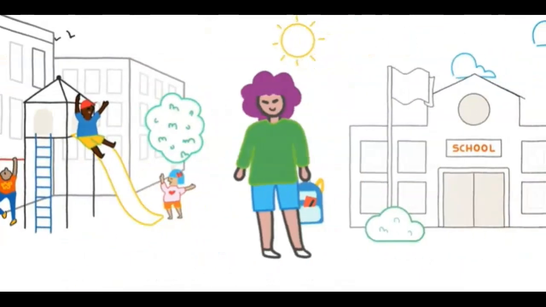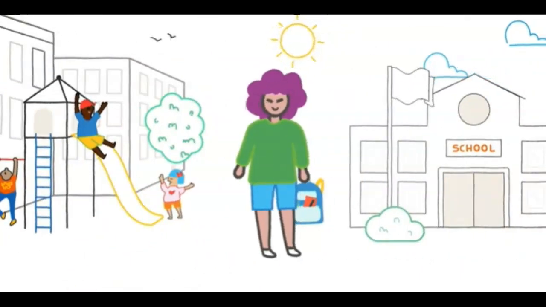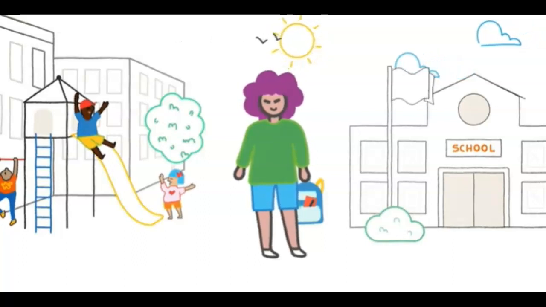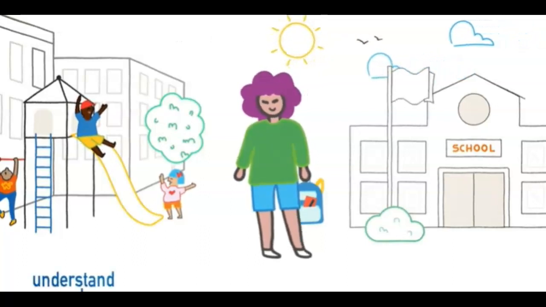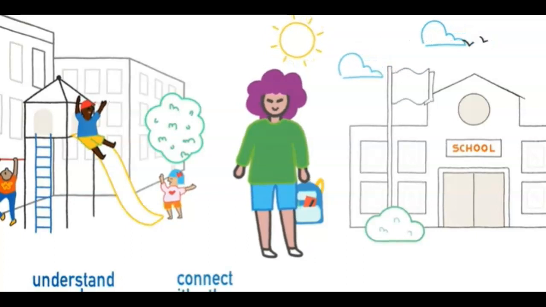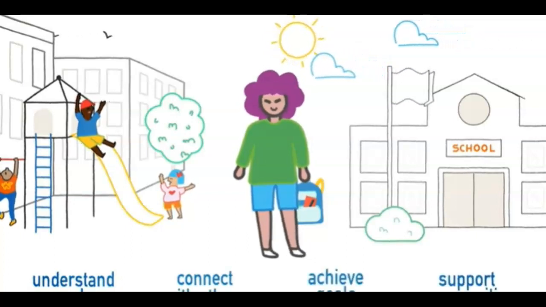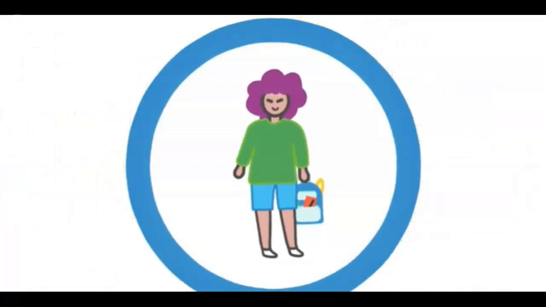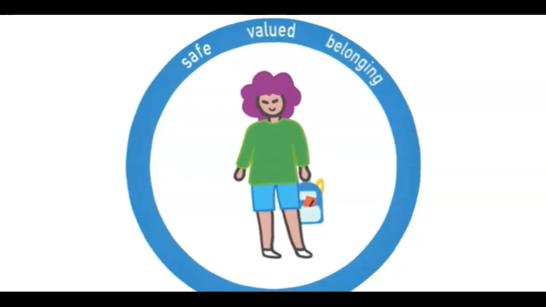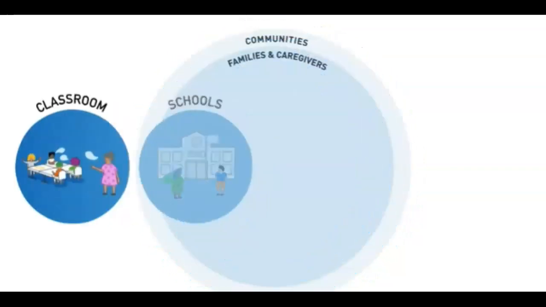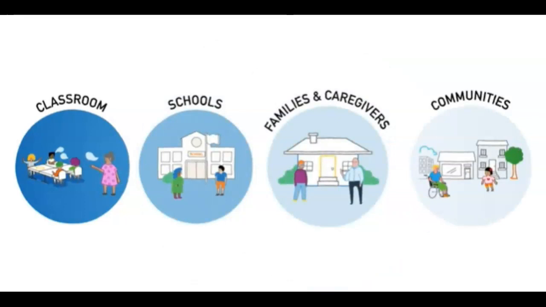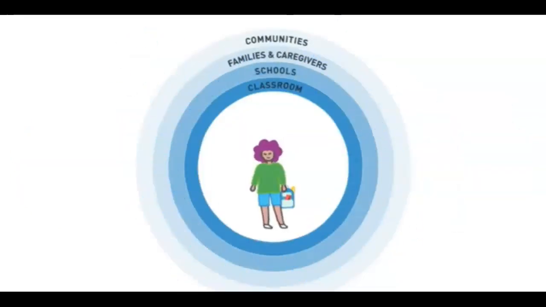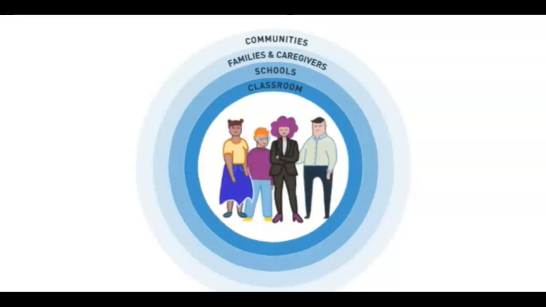SEL is the process through which young people and adults acquire and apply the knowledge, skills, and attitudes that help us to understand ourselves, connect with others, achieve our goals, and support our communities. We all need opportunities to learn and engage in environments where we feel safe, valued, and a sense of belonging. So how does SEL help schools, families, and communities work together so that all young people have these kinds of learning experiences and achieve success in education, careers, and life?